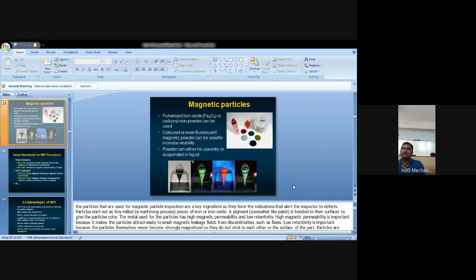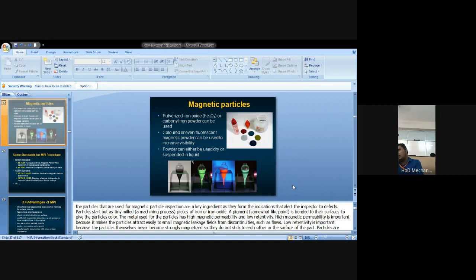If it is in small particles, it is called pulverized iron oxide. Carbonyl iron powder can be utilized for this type of MPI inspection. And we also have a fluorescent material. We have colored or even fluorescent magnetic powder that can be used to increase the visibility of MPI inspection.